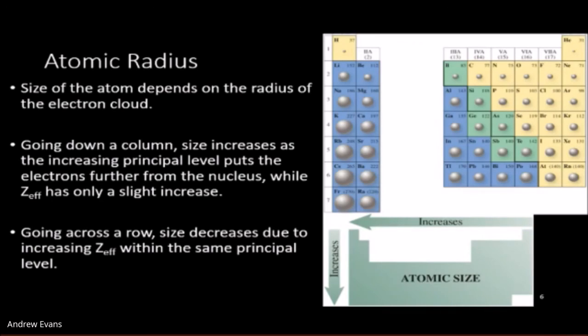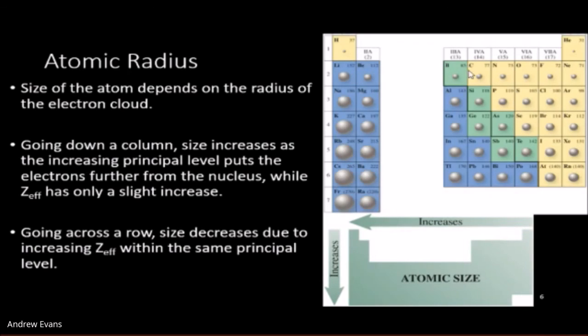So if you remember, as we go from left to right on the table, the Z effective was going up. Hydrogen has a size of like 37 picometers. Helium has a size of 31. Looking at lithium, we have 152, followed by 112.